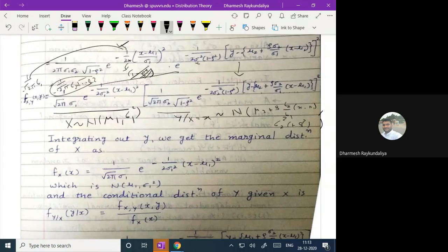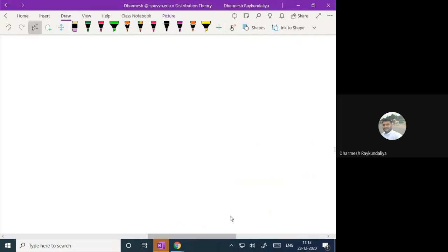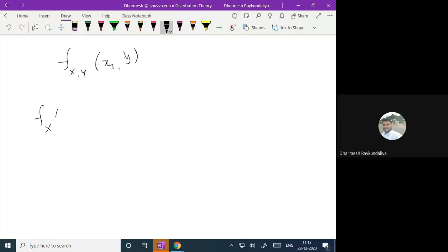Okay, because this is the PDF of this, if you integrate over y, what happens, this becomes 1. So that is saying that if you integrate this f of x, y, we get the marginal distribution of x. We know that if you wish to find the marginal distribution, how do we find it? Suppose the joint distribution of x and y is denoted by f of x, y, then how will you obtain the marginal distribution of x?